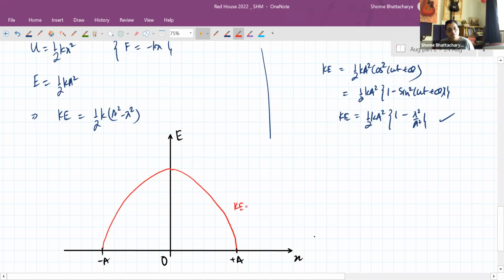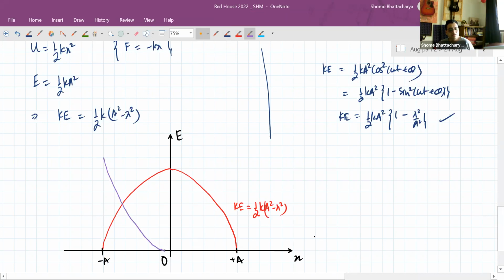So kinetic energy is this type of relation, and potential energy is, let's say, like the inverse of this. It's minimum at the mean position and maximum at the extreme position.